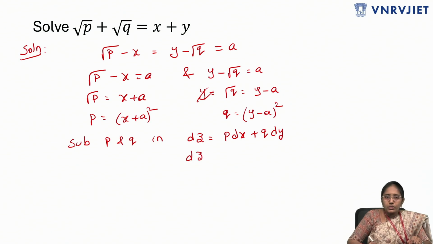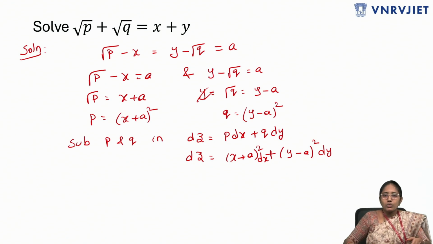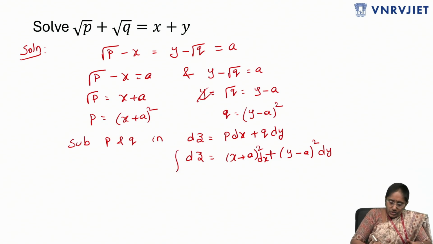Now dz is equal to x plus a whole square dx plus y minus a whole square dy. From this value of dz, find the value of z by integrating on both sides.